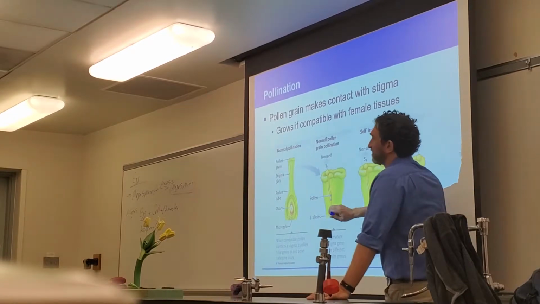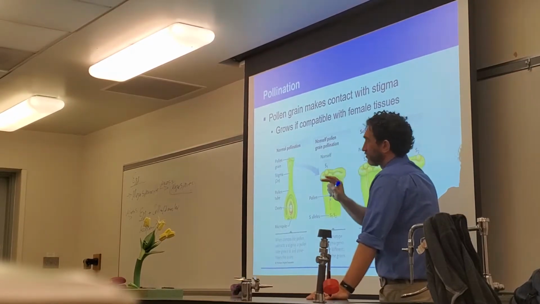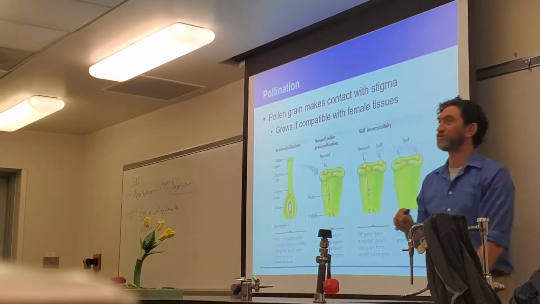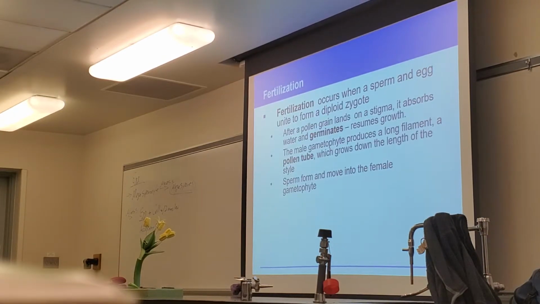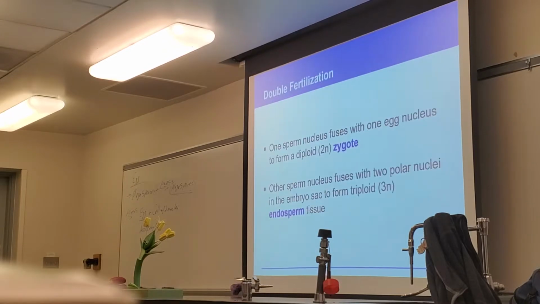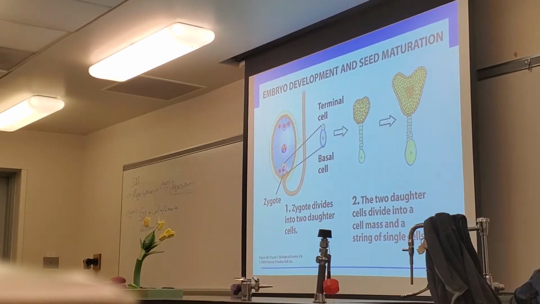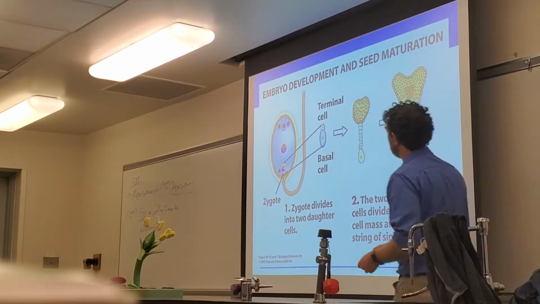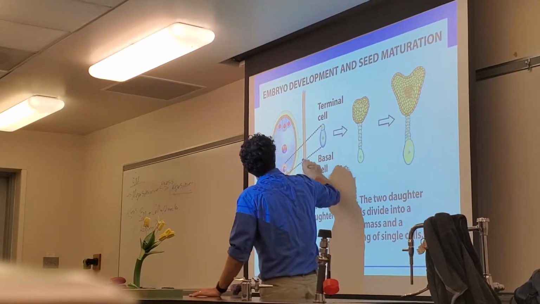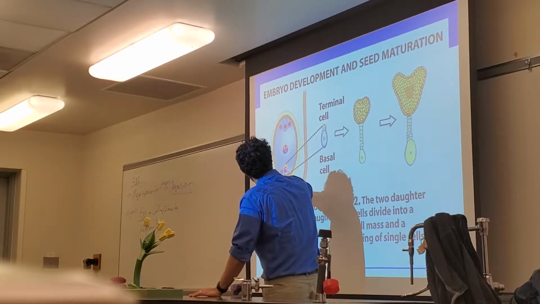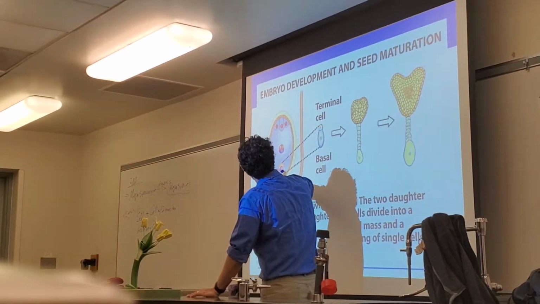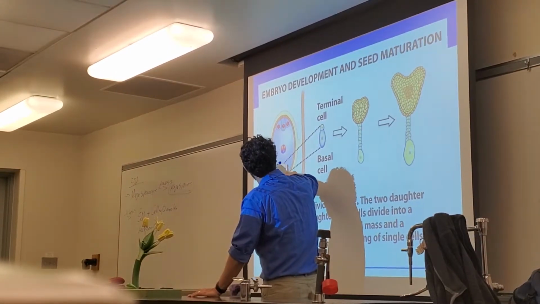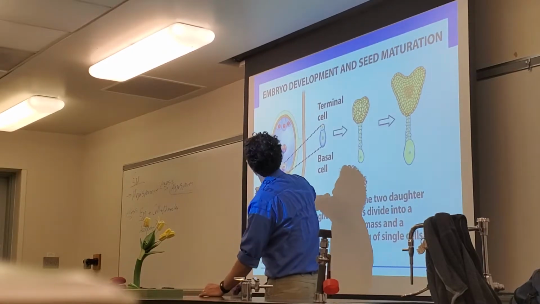The generative cell divides through mitosis and produces 2 sperm nuclei. The tube cell grows down here, into this thing called a micropyle. It breaks through one of those cells, and it releases those 2 nuclei.